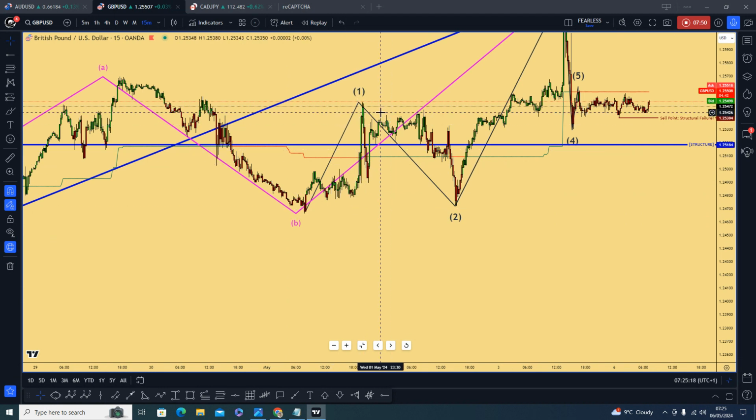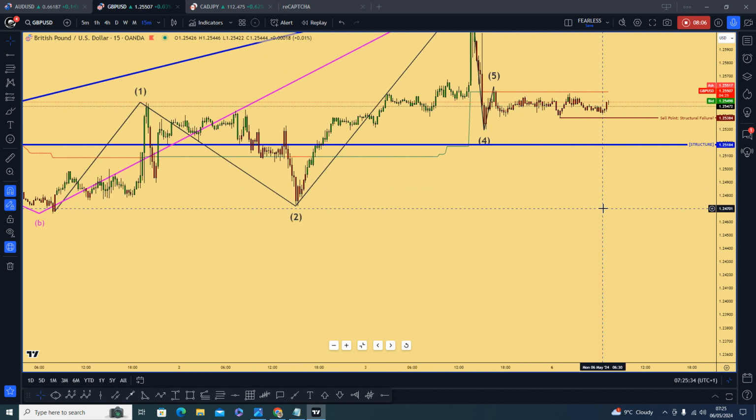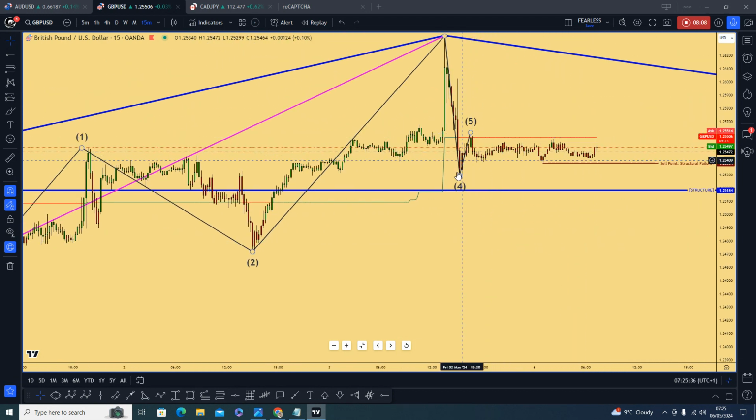And we have another one here. Okay, that is the second structural failure, a higher high, a higher low, then this higher low failed to make another higher high, and we have a break below the structure. So we are now seeing this same thing here again. Okay, a structure that failed to make a higher high, it has made a lower high, and they are accumulating orders here.